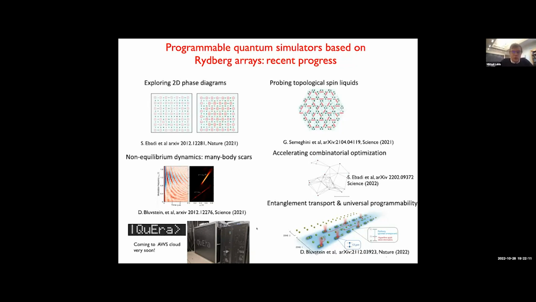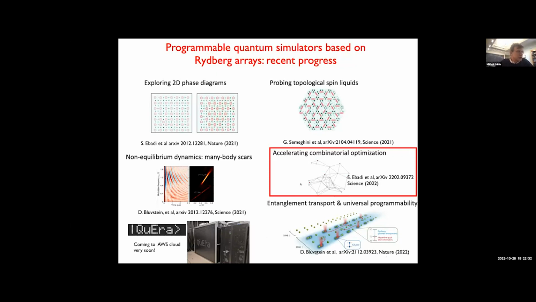But anyway, what I'll do now is focus on two recent examples where the ideas of co-designing algorithms which are particularly suitable to these hardware platforms really paid off and will pay off even more in the future.